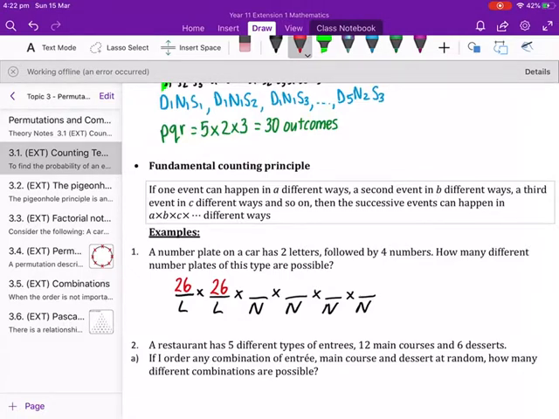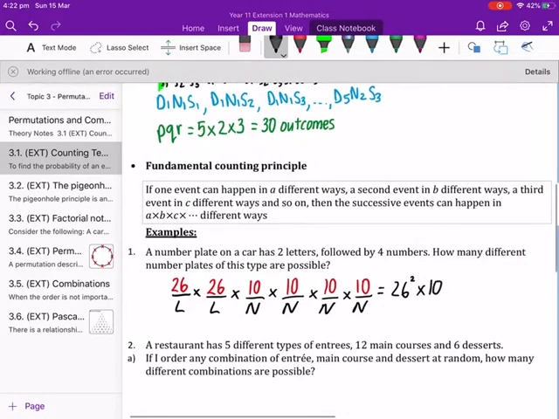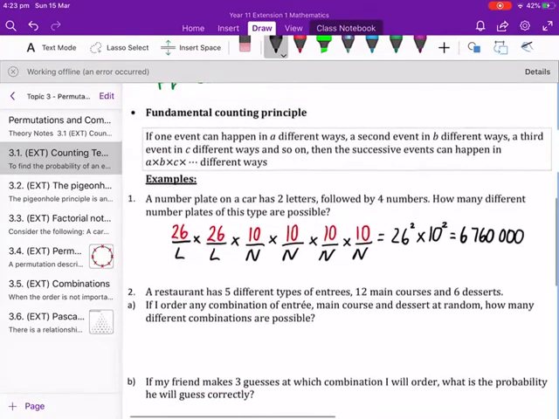Then the number of numbers possible is 10 because we have 0 to 9. So we have 10 times 10 times 10 times 10. So this looks like 26 squared times 10 to the power of 4, which is equal to 6,760,000 different ways that this number plate is possible.